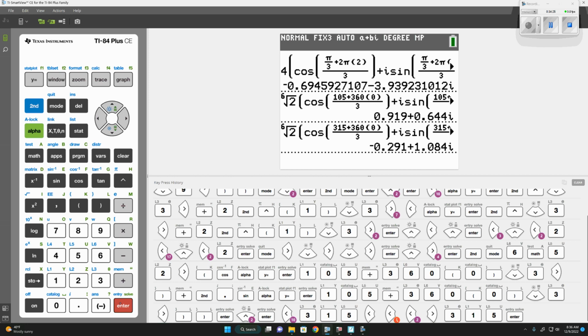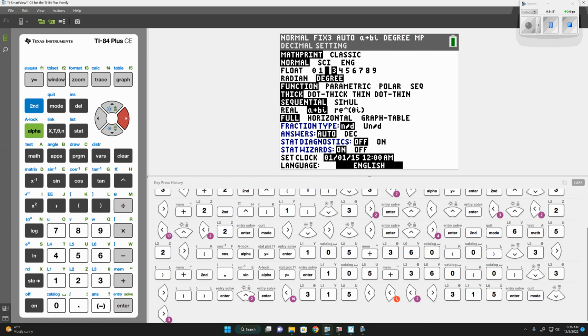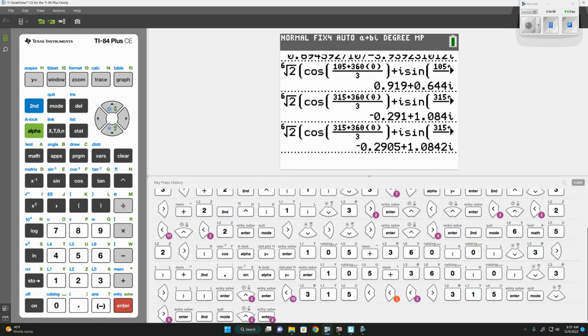Now, you're probably wondering why there were only 3 decimal places and not more. I did that on purpose, and I'll show you here. In mode, if you've ever wondered about float, if it says float, it just approximates the decimal out as far as the calculator can show. I said 3, which tells the calculator to approximate it out 3 places. If we wanted 4, I could select 4, and it'll give me 4 spots after the decimal.